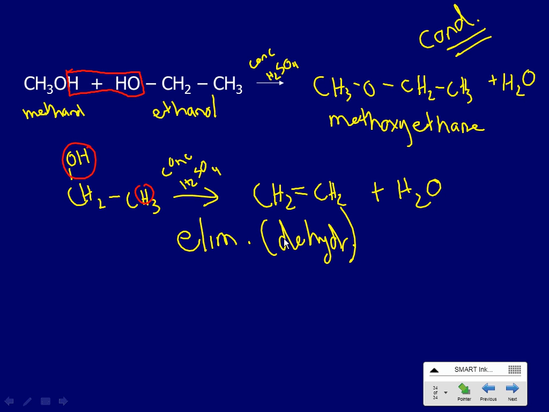So the molecule itself might condense. Nothing to do with water, okay? It just happens in this case that we have water as our other product, and that's confusing for new students because you see condensation and you think water condensing on your mirror, or you know what I mean, that type of thing. But it doesn't have anything to do with the water. It's 2 bigger ones becoming an even bigger one. Excellent.